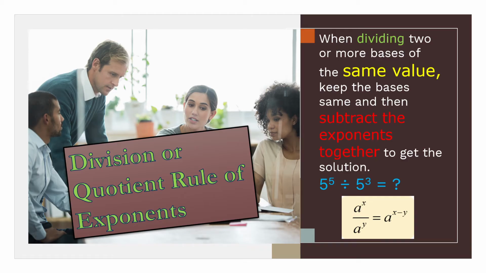This is the division or quotient rule of exponent. Same base, look carefully. Same base, when they are divided, with the division sign, you subtract the power. Same base, division sign, or in a fraction style, subtract the power. Read the rule.